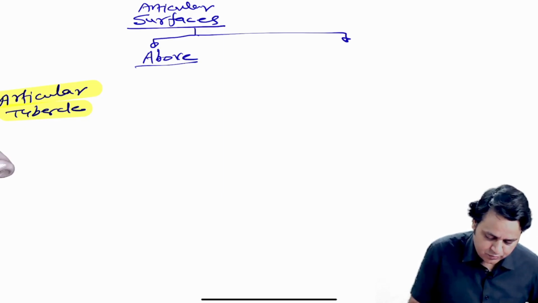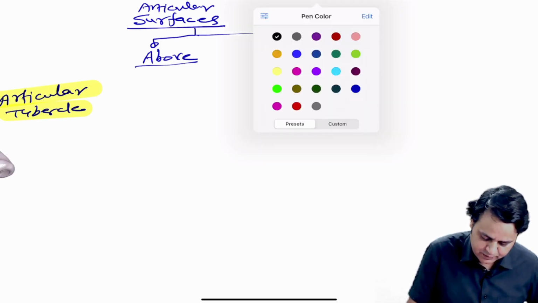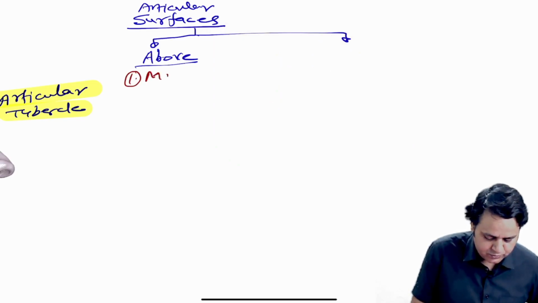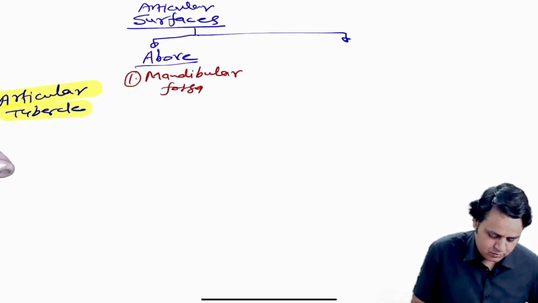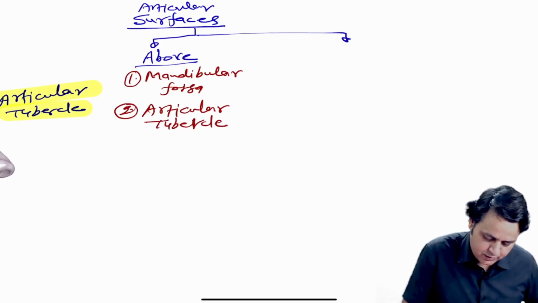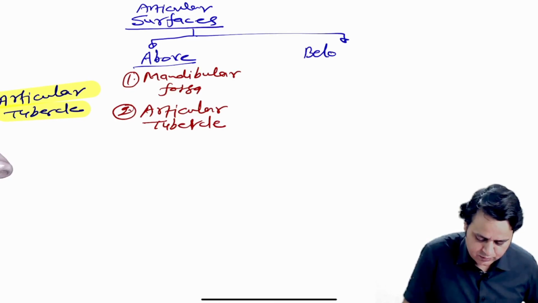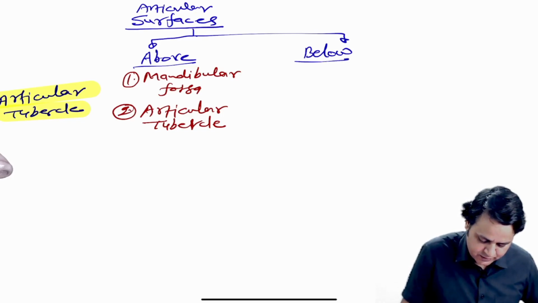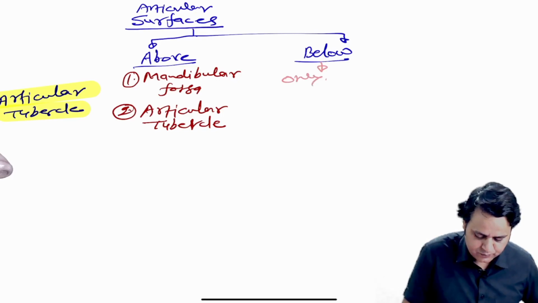Above, two structures participate: first the mandibular fossa, second the articular tubercle. And below, the structure taking part is only one, that is the head of the mandible.